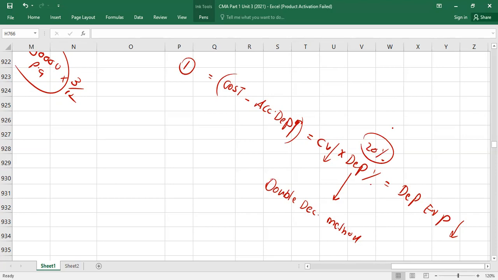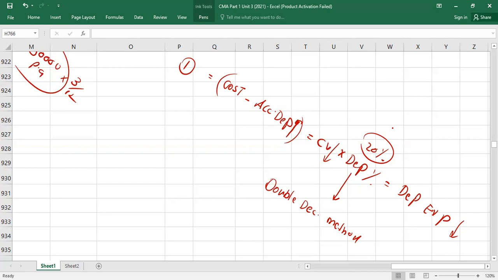Double means 20 will become 40. If initially it was 10%, and he's asking you to use double, double means 20%. That will be the only change. Rest of the formula will not change. And double declining method is just a way to depreciate your asset more quickly.